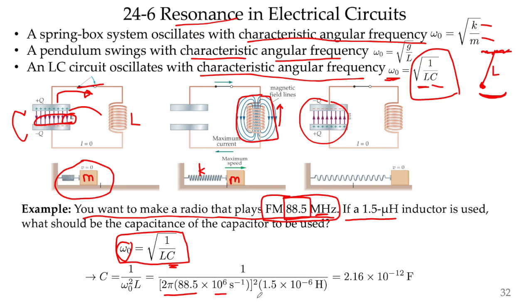There's a square here, and the inductance is given in the problem. So to get this frequency, your capacitance should be this one, so that you can listen to this radio.